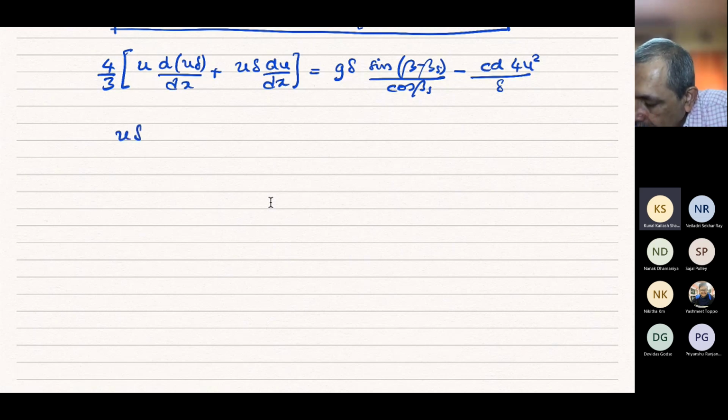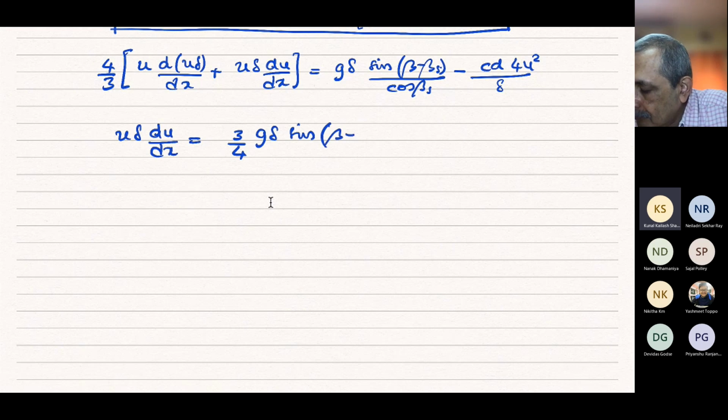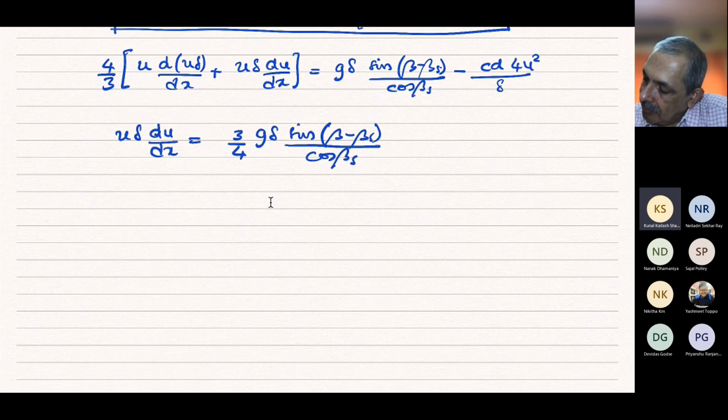So I'll get u delta du by dx is equal to 3 by 4 g delta cos beta s minus cd minus 3 cd into u squared by delta, and then here when I substitute for this term, it is just minus omega x into u, and then there it becomes plus.